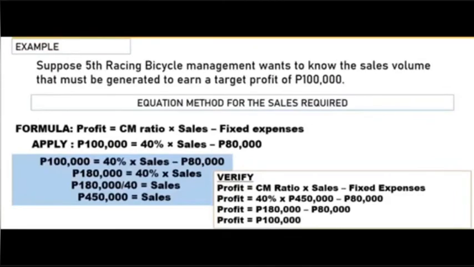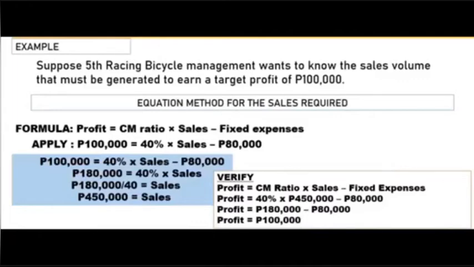We have here another example. The method we will use is still the equation method, but for the sales required. So the problem here is, suppose Fifth Racing Bicycle Management wants to know the sales volume that must be generated to earn a target profit of 100,000. The formula for this equation is profit is equal to contribution margin ratio multiplied by sales less fixed expenses.